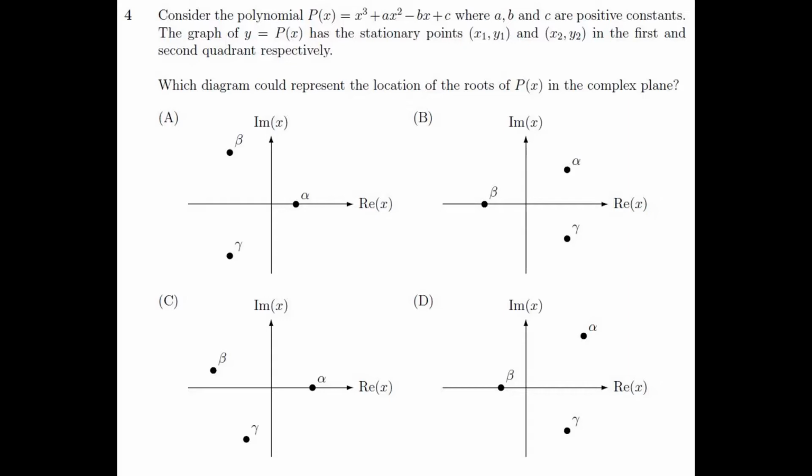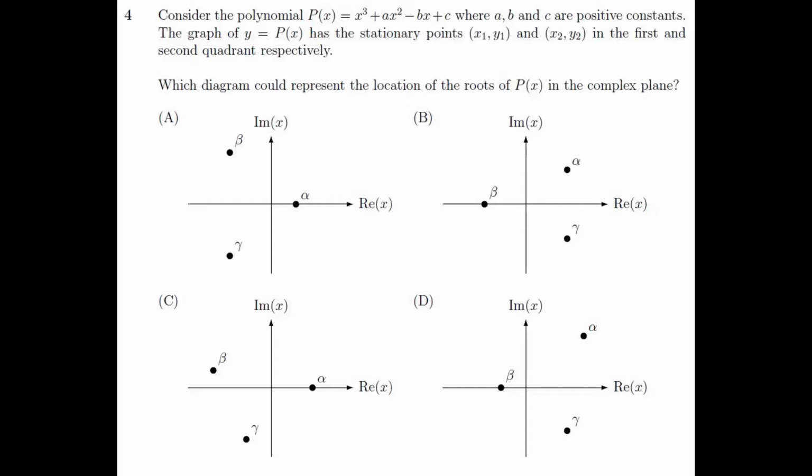And we've got 4 options here. Notice that in all 4 options there are 3 solutions, which makes sense because we're dealing with a cubic. In all of them, there's 1 solution that is real and 2 solutions that are complex, so that's interesting to note. And I think it's consistent with the facts that we're given.